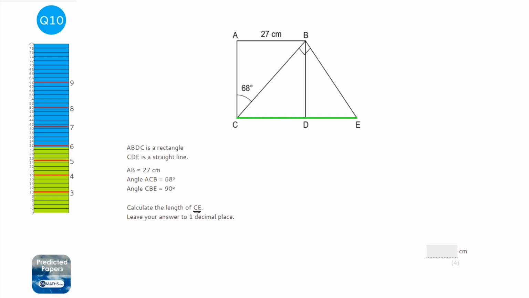Now I'm going to first of all find out what CB is. What I'm going to do is just label this x, and I realise that it needs to be trigonometry because this is a rectangle, that's a right angle, so I'll need to use trigonometry for it.